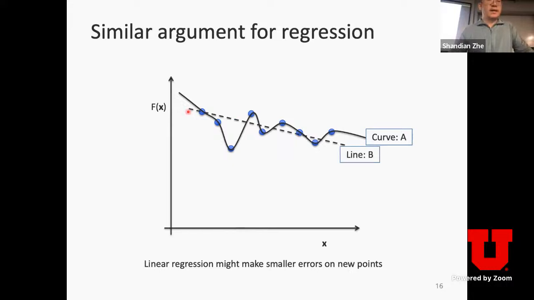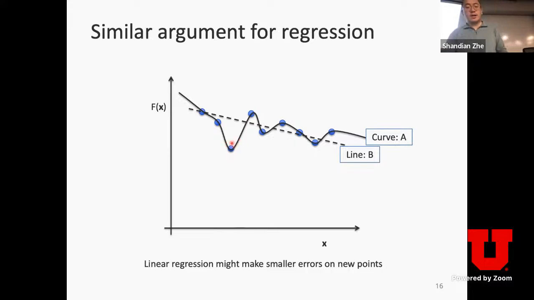But another more robust choice will be some line like line B, right? So it looks like line B will largely misfit this point. But imagine, why does this point deviate from other points so much? In practice, this doesn't really mean good things.